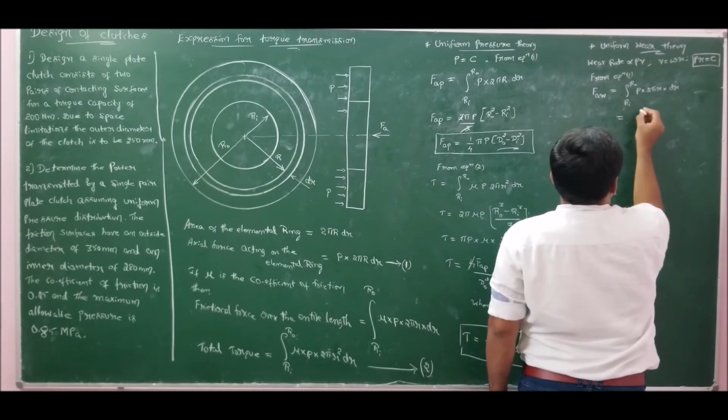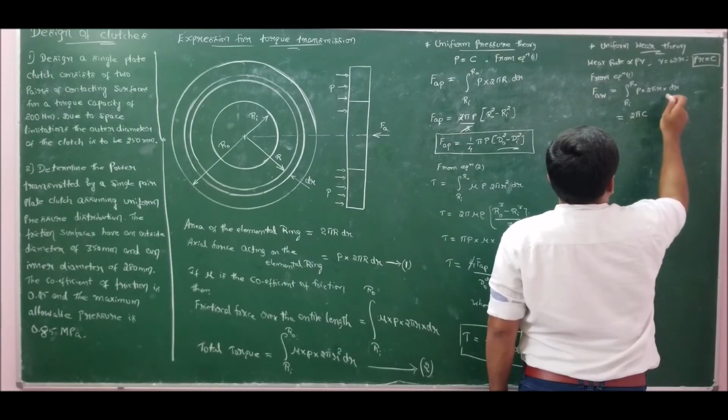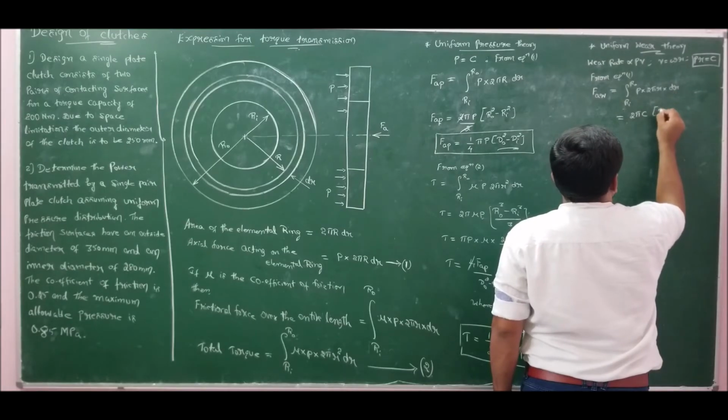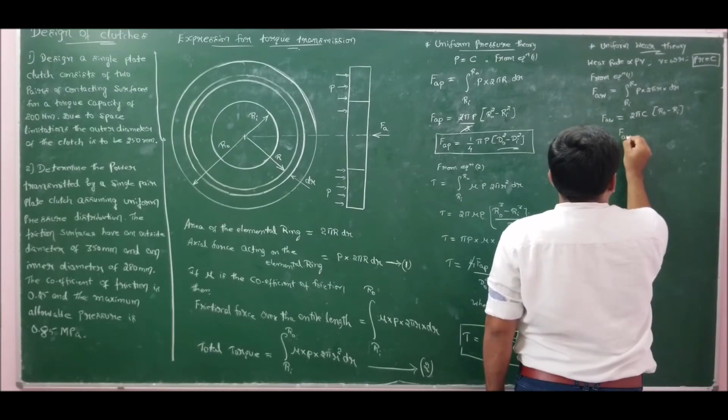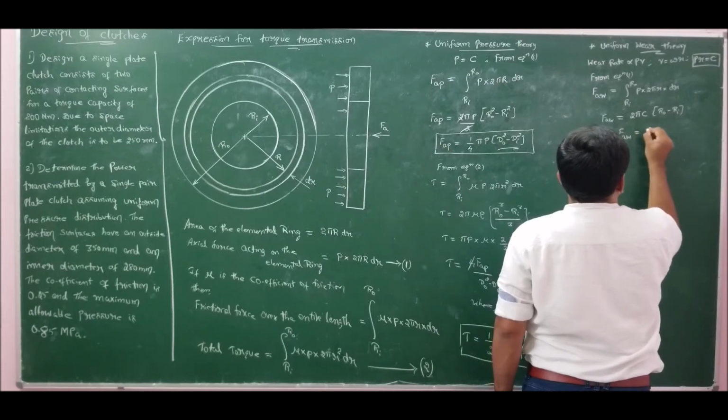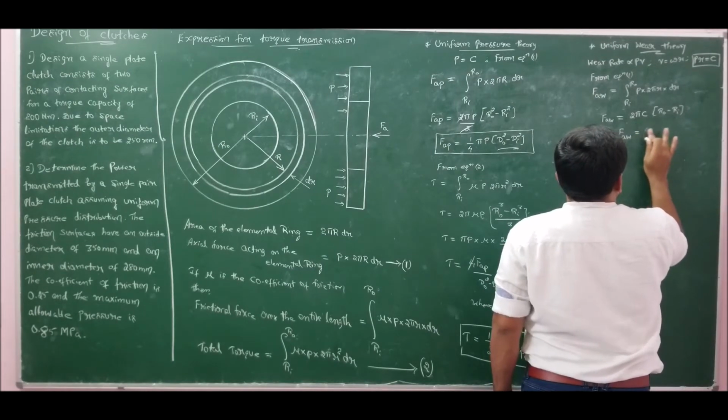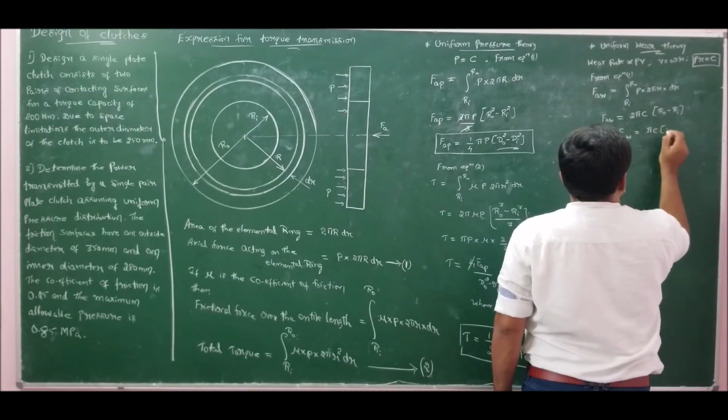Hence, I can write it as 2 pi constant, integral of dr is r. So I am left with R0 minus Ri. So in terms of diameter, total axial force based on uniform wear theory will be, diameter by 2, it will become pi c.